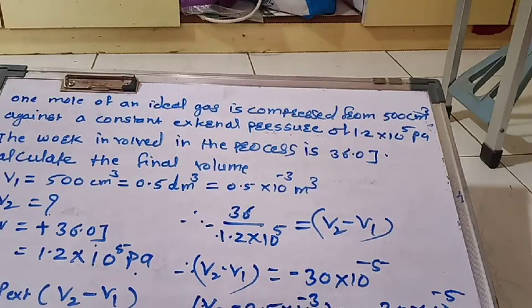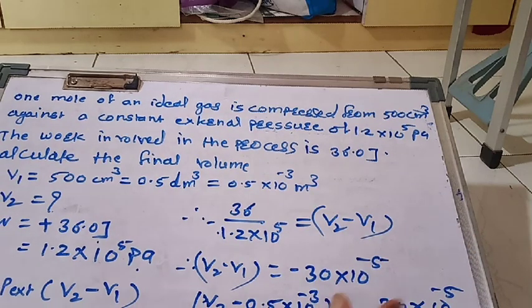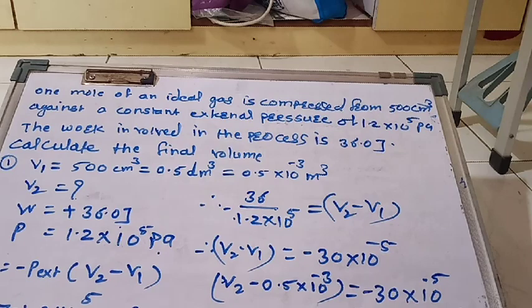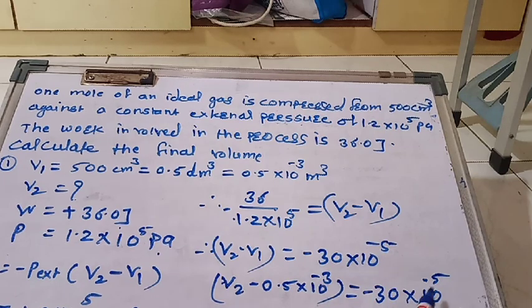Therefore V2 minus 0.5 into 10 raised to minus 3 is minus 30 into 10 raised to minus 5.